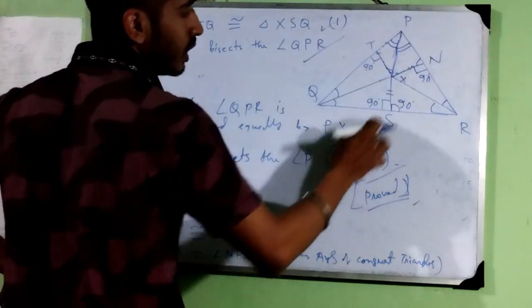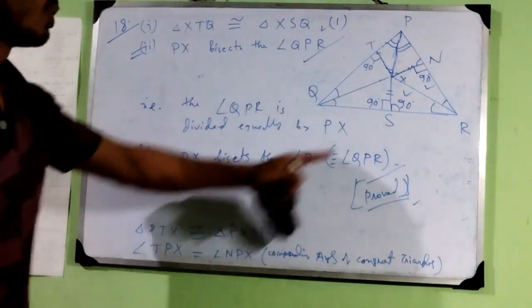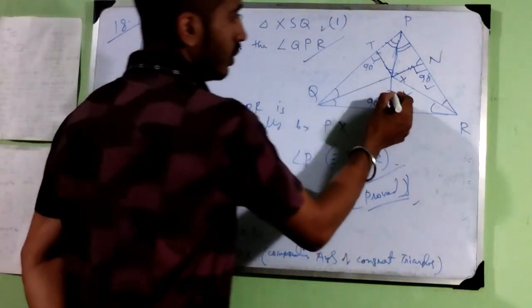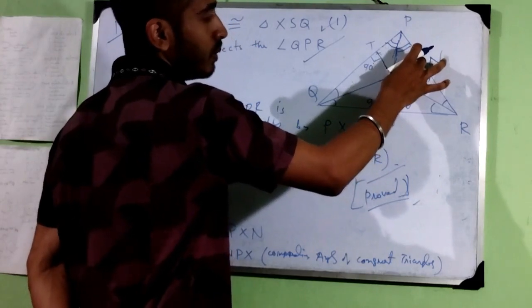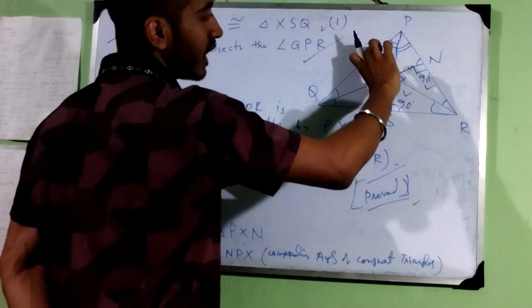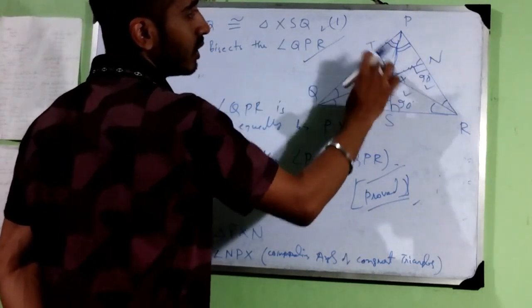After that, we have to show that this triangle is congruent to that triangle, and from that we will write this length will be equal to that length.